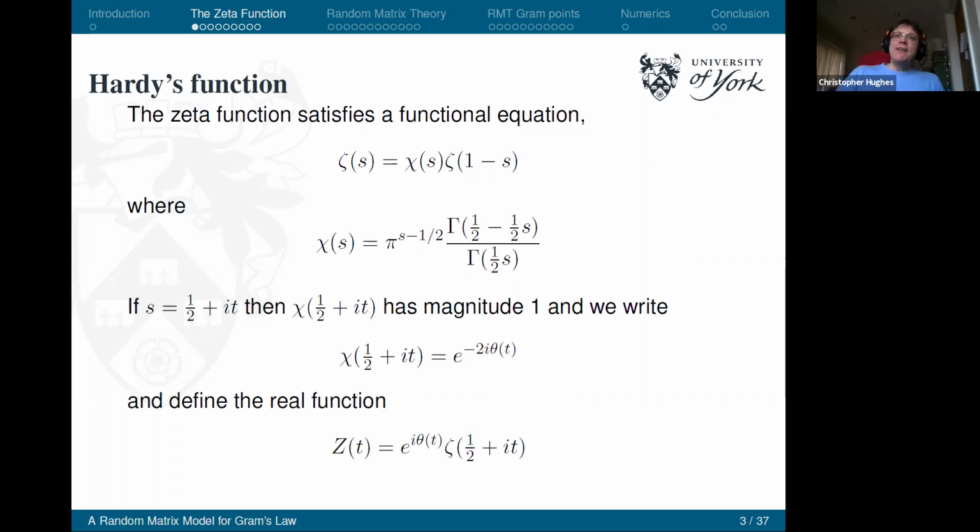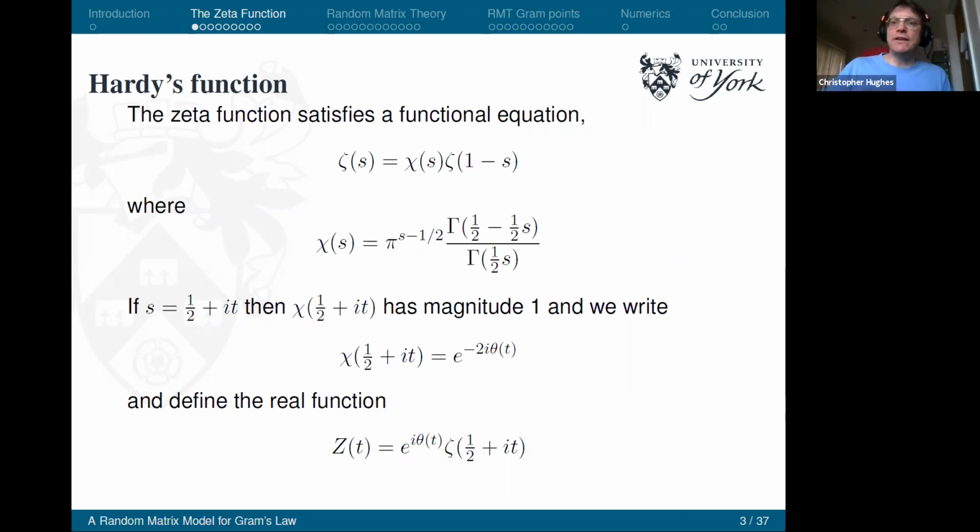And if we put s to be on the critical line, 1/2 plus it, then you can see that the transformation function, the chi function, has magnitude 1. And so we can write it like this: e to the minus 2i times a real function theta of t.